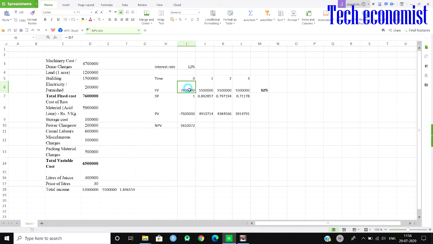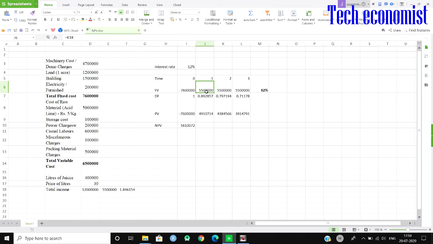First, the future value is taken at different time periods: year 0, that is the initial investment, then the first year, second year, third year, and so on up to as many as you prefer. Year 0 is your investment, and there are no returns in that case, so this is considered a negative value, and I've indicated the minus symbol.